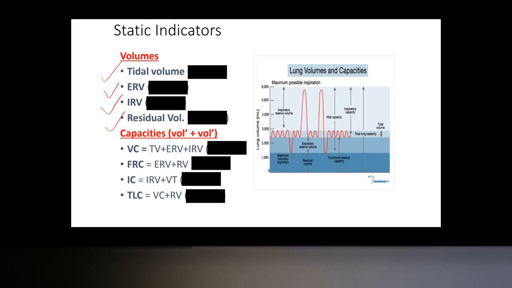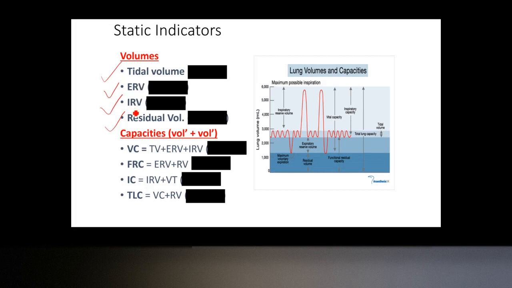So the volume of air that you breathe in and out in a normal state. Exactly, that's correct. What about expiratory reserve volume? Any idea, guys? The volume that is expired after the expiration of the tidal volume. Exactly. If you were to force the expiration, this is the amount of volume we can expire.